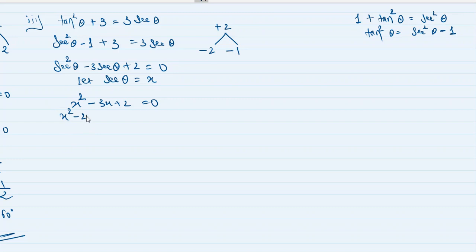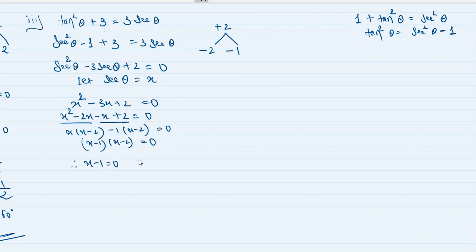So x square minus 2x minus x plus 2 is equal to 0. x bracket x minus 2 minus 1 bracket x minus 2 is equal to 0. So x minus 1 bracket x minus 2 is equal to 0. Therefore, x minus 1 is 0 or x minus 2 is 0. Therefore, x is 1 or x is 2.